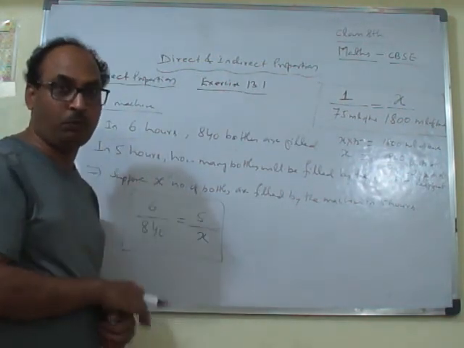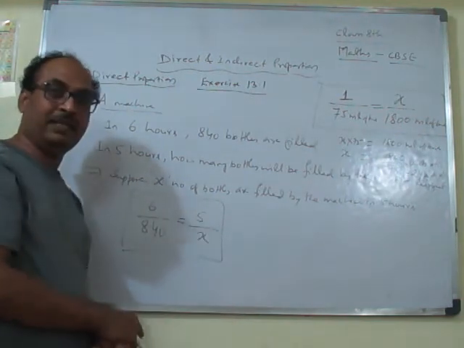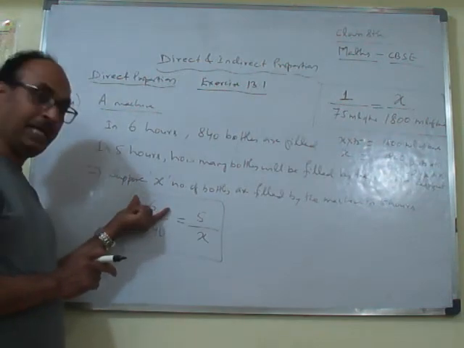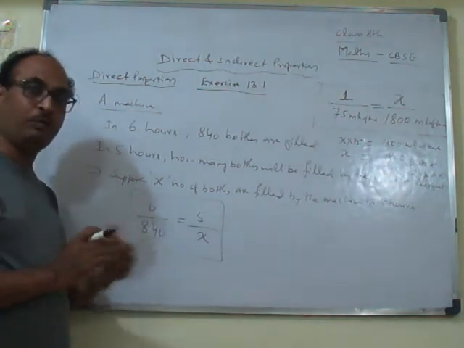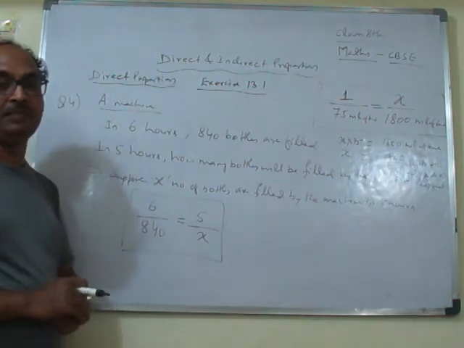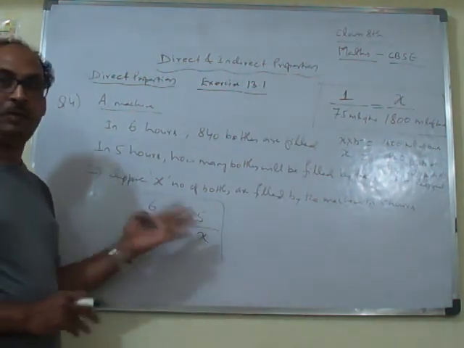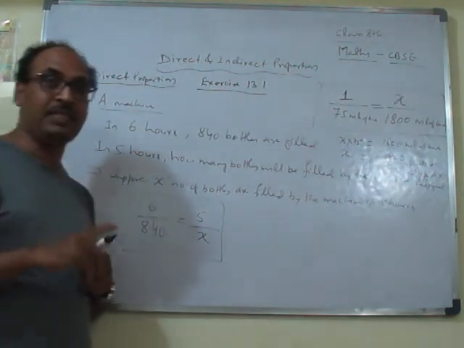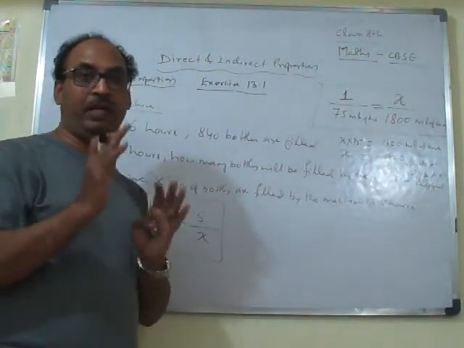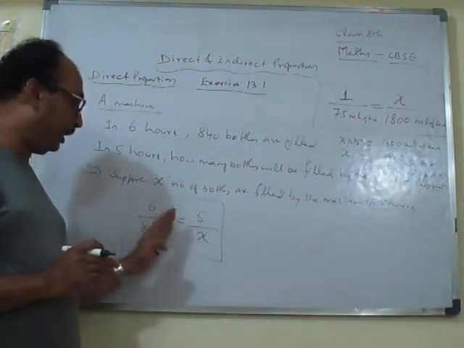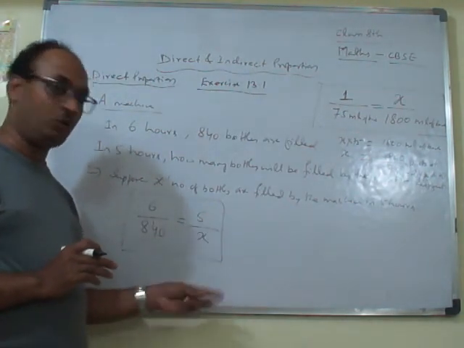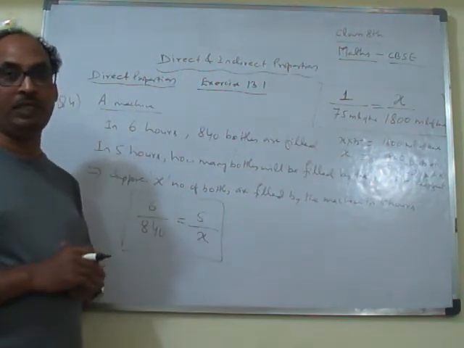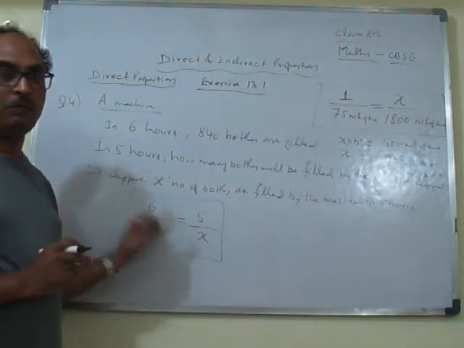That will become inverse proportion. If we put number of bottles in the numerator here and time here, it will get completely changed. Then it will not be direct proportion. So we must understand that whenever we have the left hand side and right hand side of the equal sign, the numerators should be of the same quantity, and the denominators also should be of the same quantity. Then only can we find this proportion.